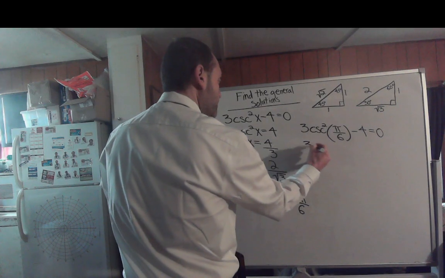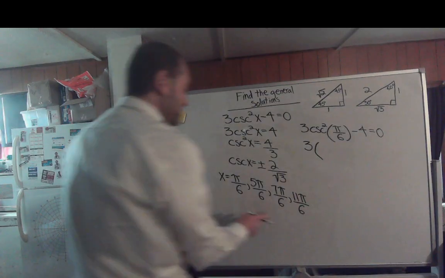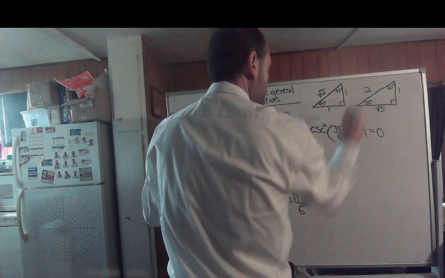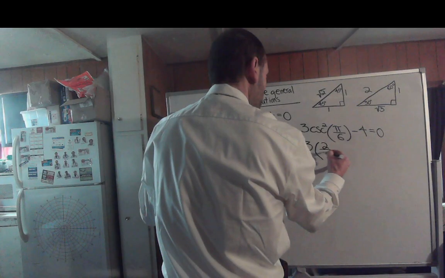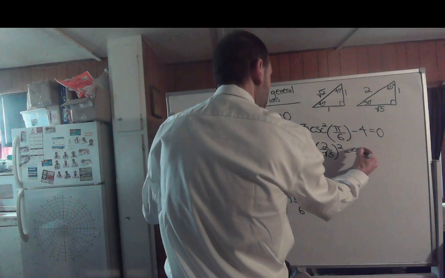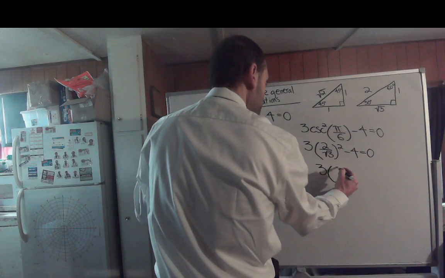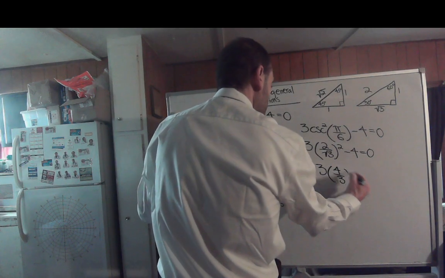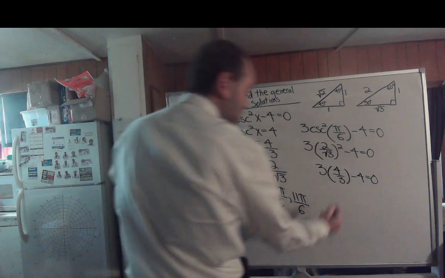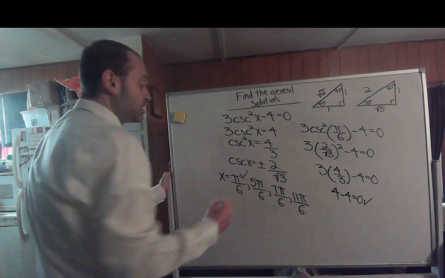Okay, so that would be 3 times, what is the cosecant of pi over 6? That's 2 over the square root of 3. That would be that quantity squared minus 4 equal to 0. So that would give you 3 times 4/3 minus 4 would equal 0, which would just give you 4 minus 4 equals 0. So yes, that checks out.